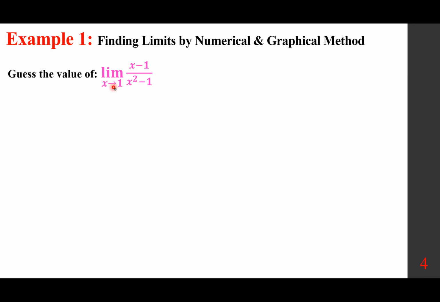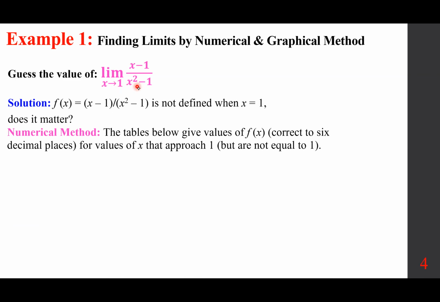If we plug in, the denominator becomes 0, which makes it undefined. However, we will get to the concept in more detail later on. It's an indeterminate form because it's 0 over 0. So the numerical method says, let's pick values close to 1 and evaluate.